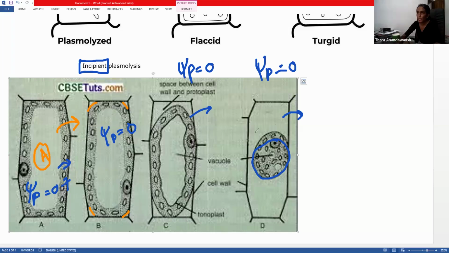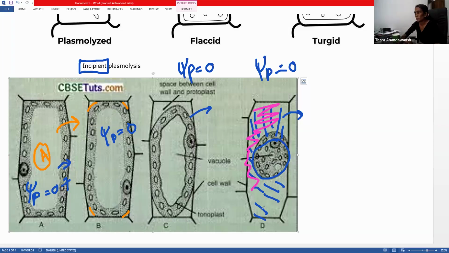So what exactly fills this area which is seen empty? What is coming to this area? Can anyone guess? What comes here?